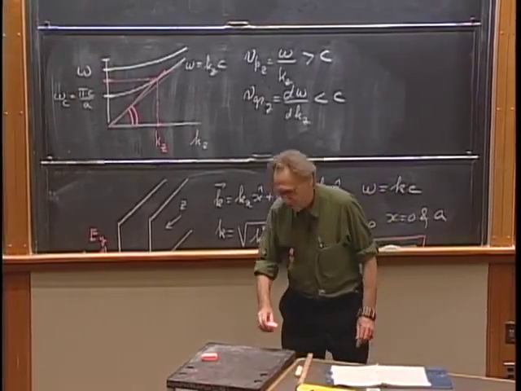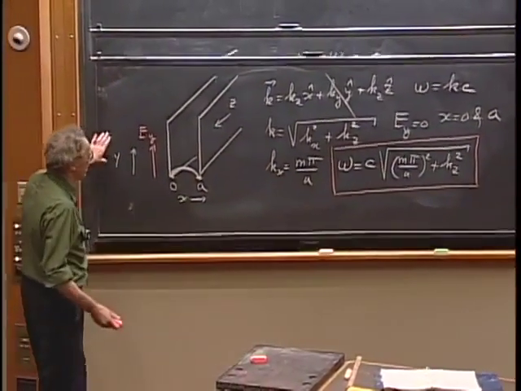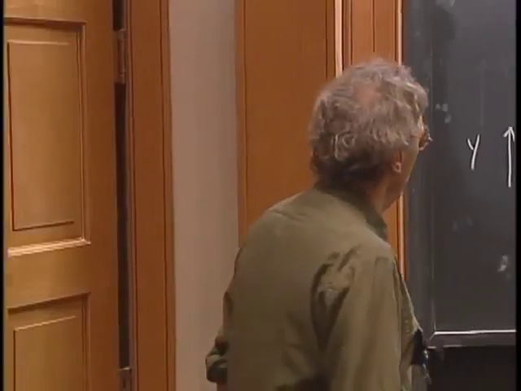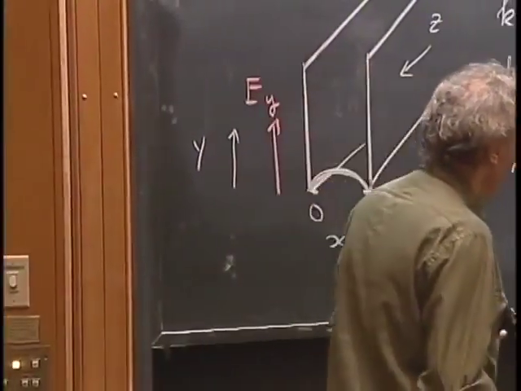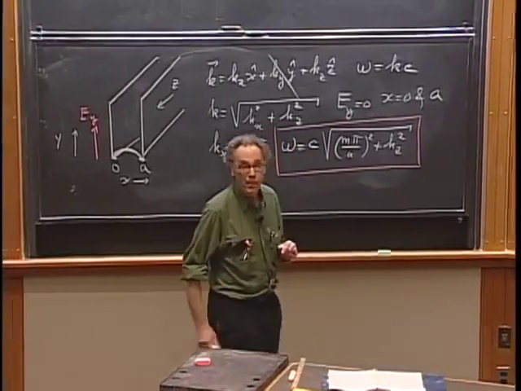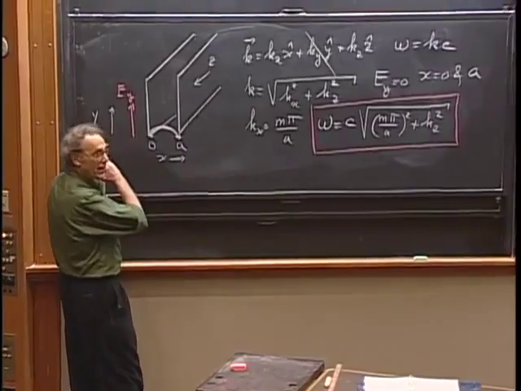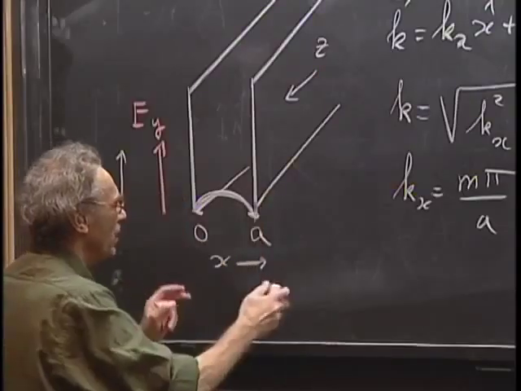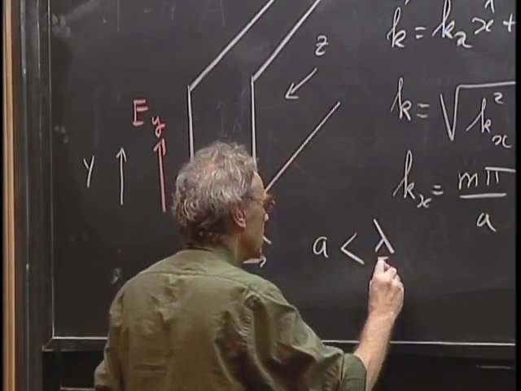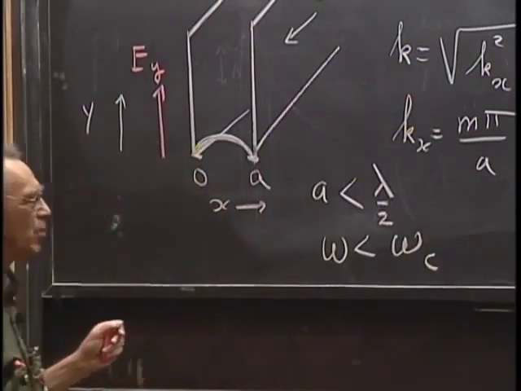Now, the most interesting thing for me, and I stressed that when we discussed this, and I even demonstrated that, we did this with radar, remember, with the 10 gigahertz transmitter, the 3 centimeter waves. The most interesting thing is what happens if you reach omega equals omega c. We had a 10 gigahertz transmitter, and we made a smaller and smaller, and when a became less than lambda over 2, that means omega became less than omega c, then no radiation would propagate through anymore.